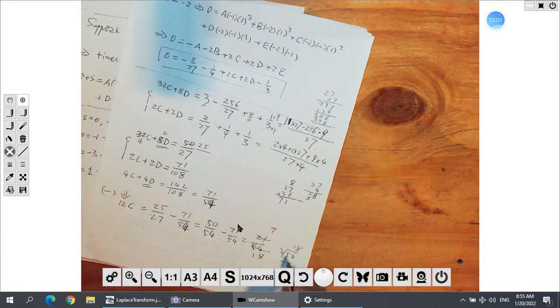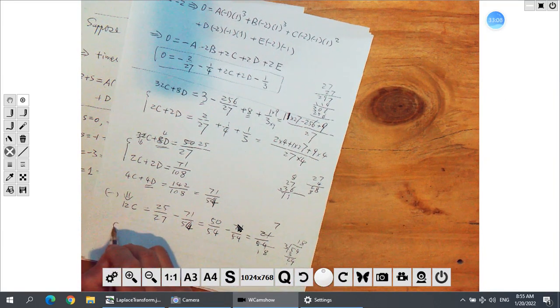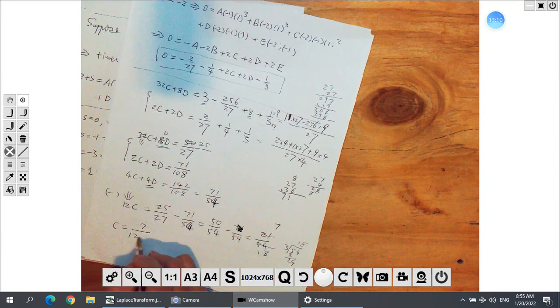So it's okay. So 12c equal to 7 over 18. So c equal to 7 over 12 times 18.